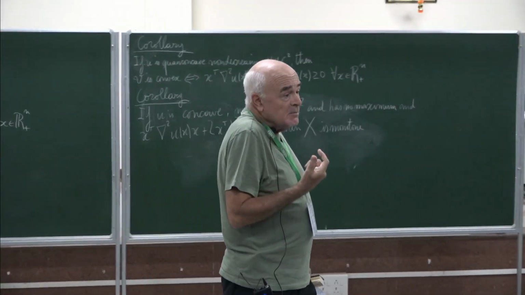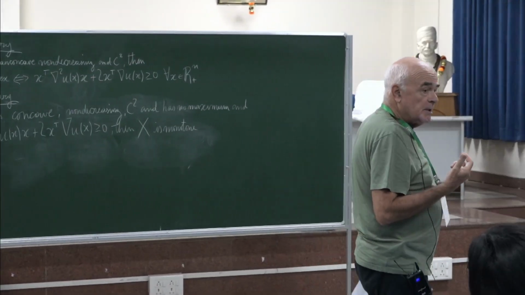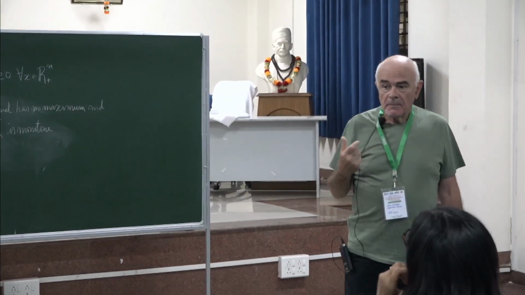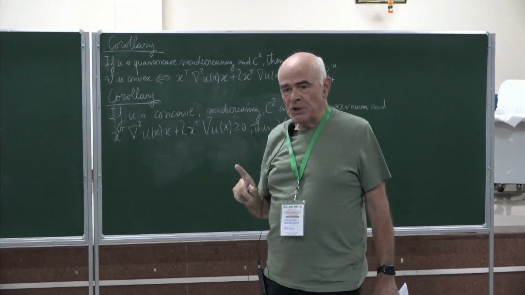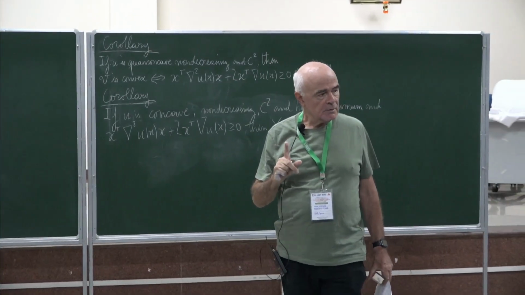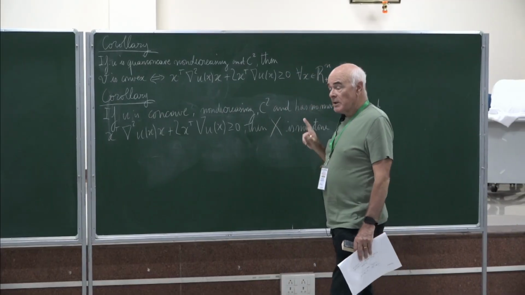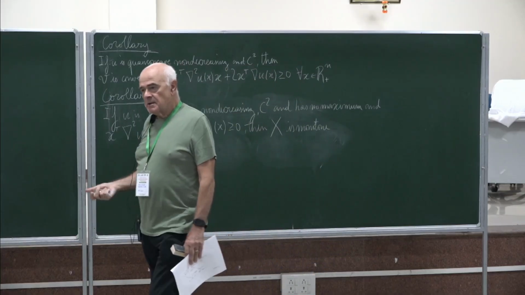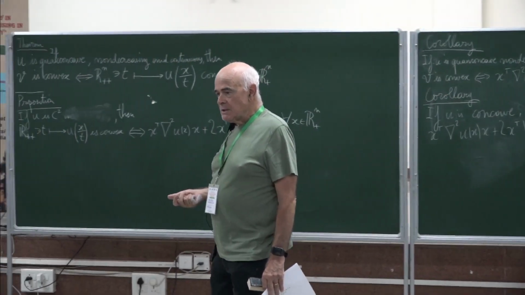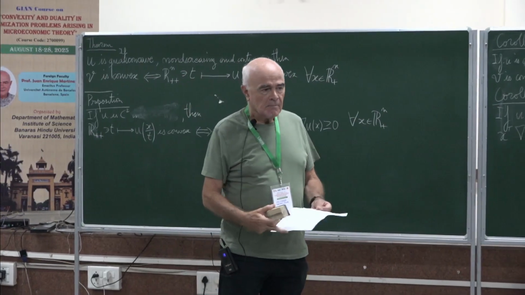A better statement would be: if our preferences admit one representation which is concave, and for that concave representation we have this property, then there is monotonicity of the demand.